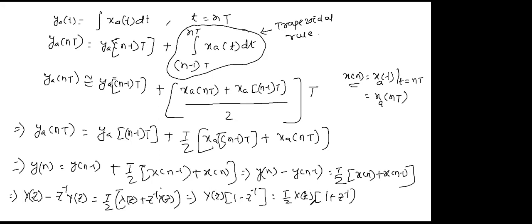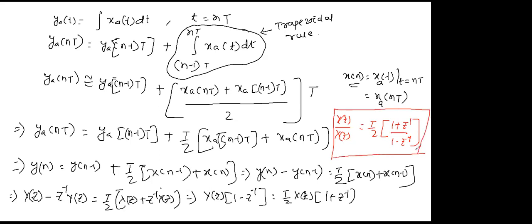Now, if you want to write the transfer function, that is Y of Z by X of Z, then what will you get? Taking this X of Z to the left hand side, it is T by 2 times 1 plus Z inverse divided by 1 minus Z inverse. Okay, so this is your H of Z. Clear?